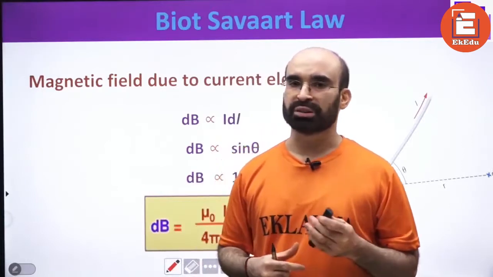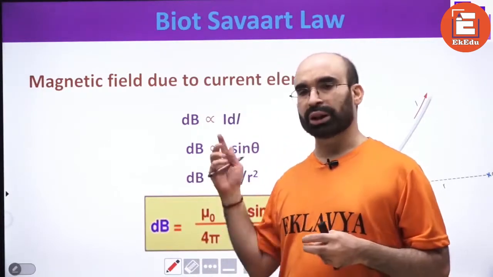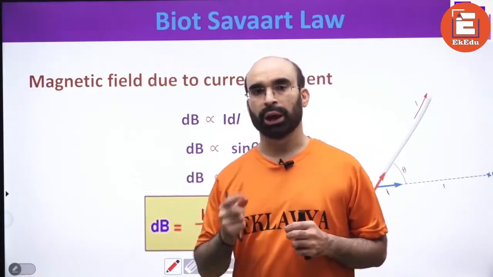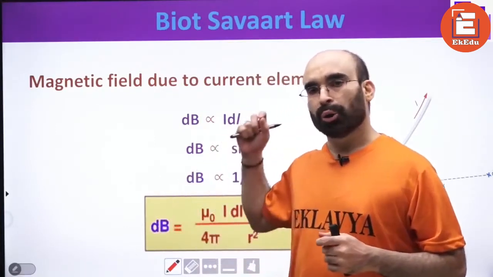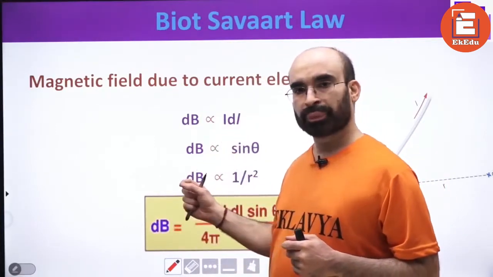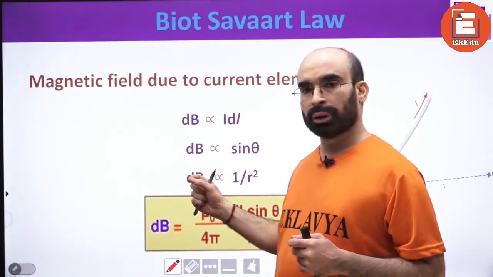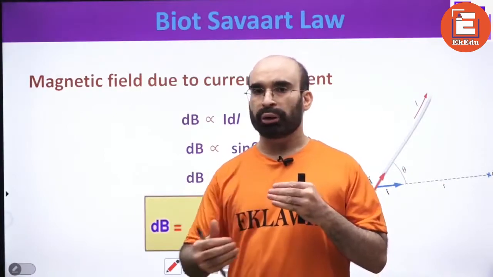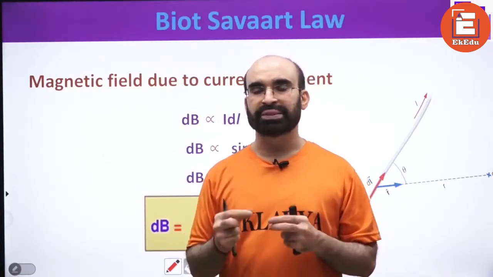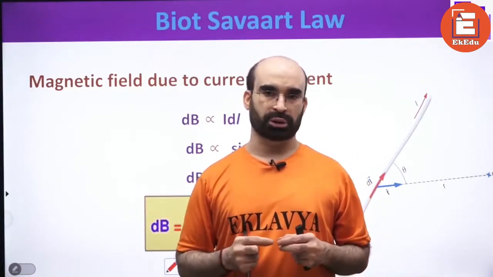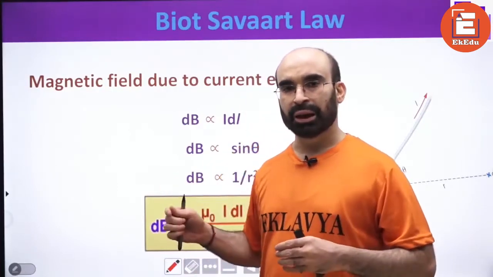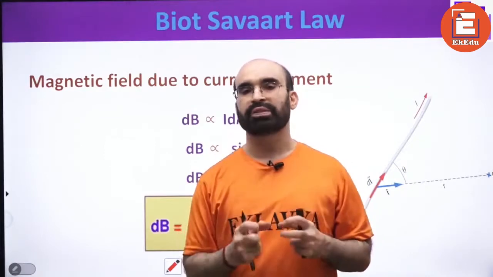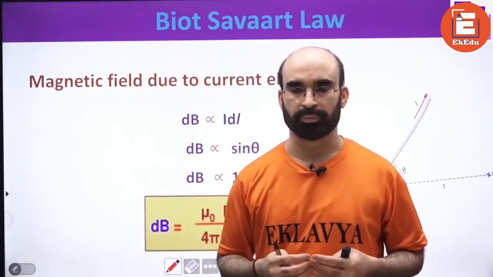Why is a 3D picture required? You will come to know about it very soon. One thing before we move ahead with this topic: I want you to recall the basics of cross product, because this chapter requires the concept of cross product.